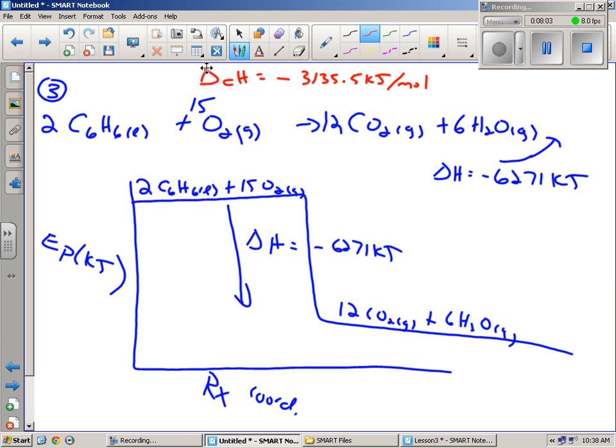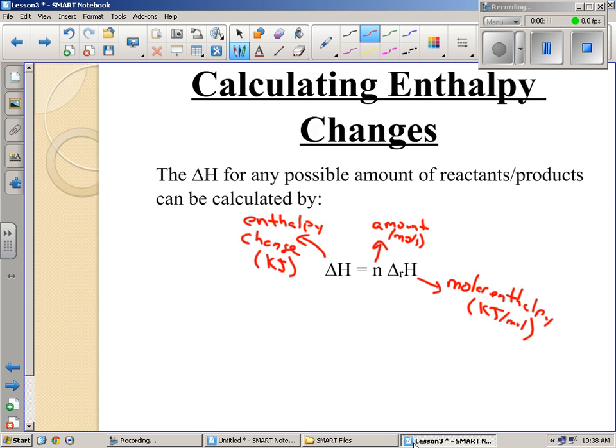So what was the delta H? Twice as much, 6271. Does that compare to what we have here? Yeah. 2 moles, 3135.5 kilojoules per mole gives you the 6271 that we had in that equation. So it's just a fancy formula for basically the same thing that we've been doing, yes?